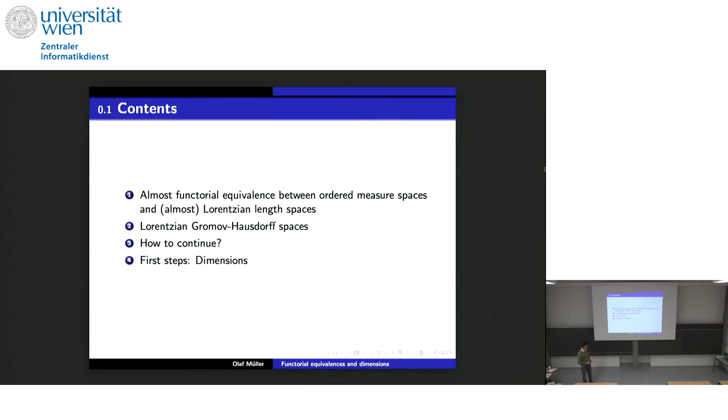Then the point is how to continue from there. And of course, a very nice thing to have would be to describe the closure of the set of spacetimes, but we won't really arrive there. I say a word about that, but the first step towards this is a very stable notion of dimension of an ordered space that is applicable in this situation.